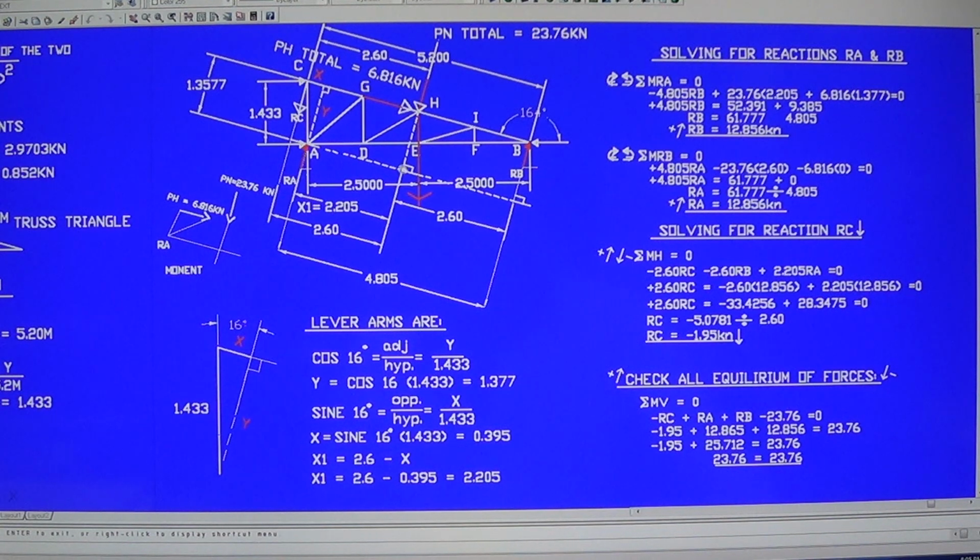We solved that, the 90 degree perpendicular to the line of action. And then the horizontal component, 6.816 right here, multiplied by the lever arm y, which is 1.377, is equal to 0. That is the first condition of equilibrium by moment. Now, to solve for RB, this is in one whole equation.